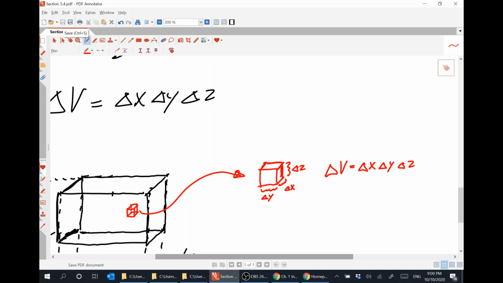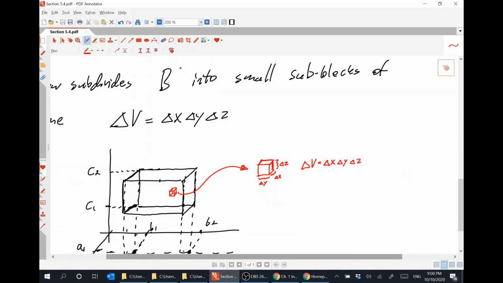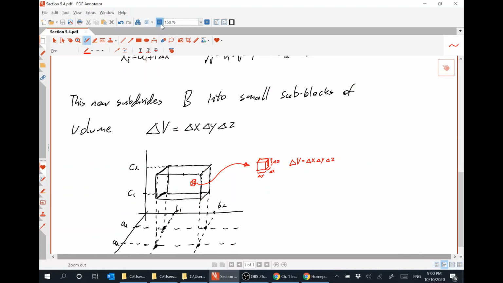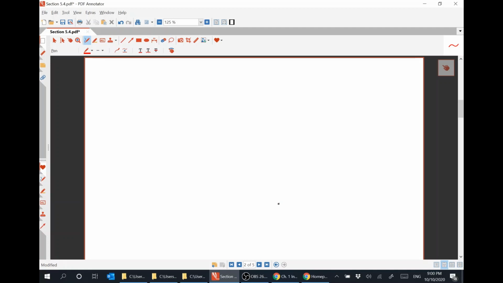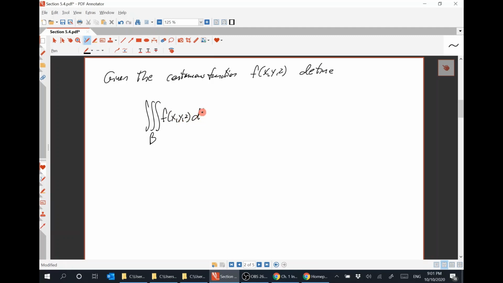Okay, given the continuous function f, typically we want the function to be continuous, f of x, y, z, define the triple integral over B of f of x, y, z dV.